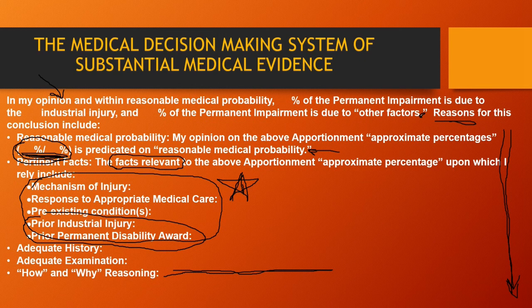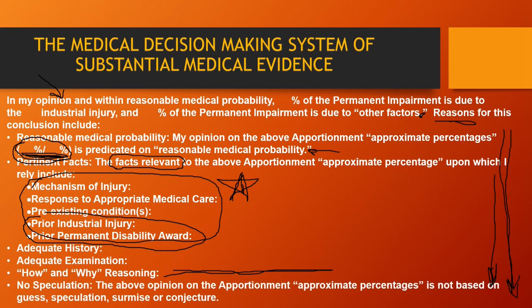Why is it 70-30? Why isn't it 90-10? Give us the how and why reasoning that supports your numbers. And all of this argument in qualifying the opinion as substantial is becoming substantial and supportive of your numbers. Okay, so here you're supporting and explaining how and why you arrived at these numbers.